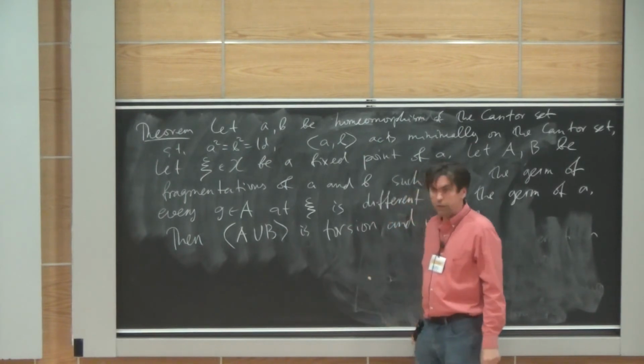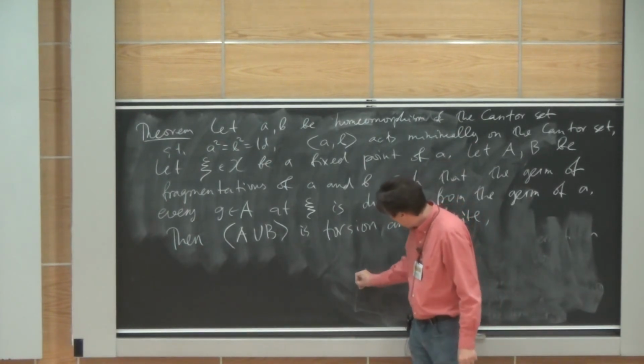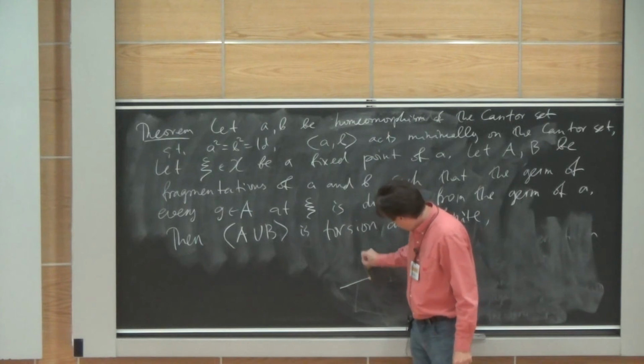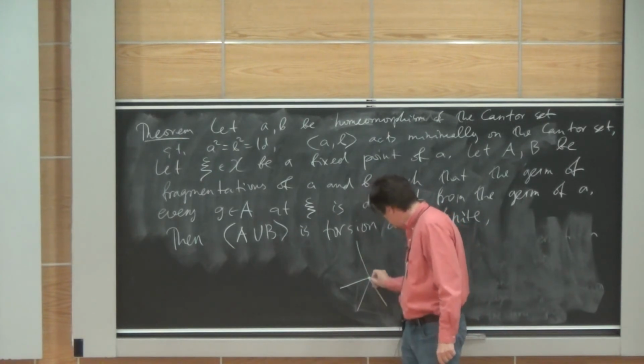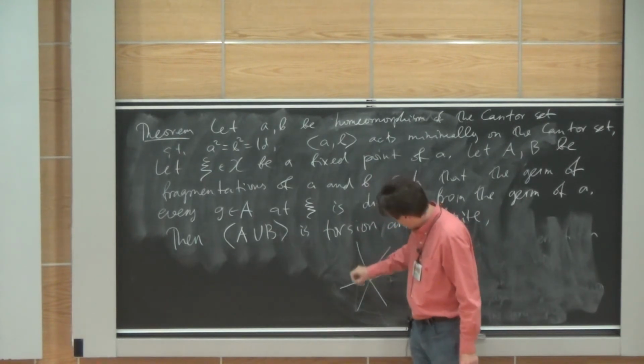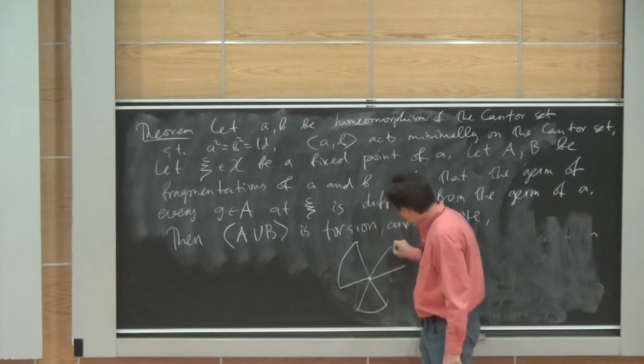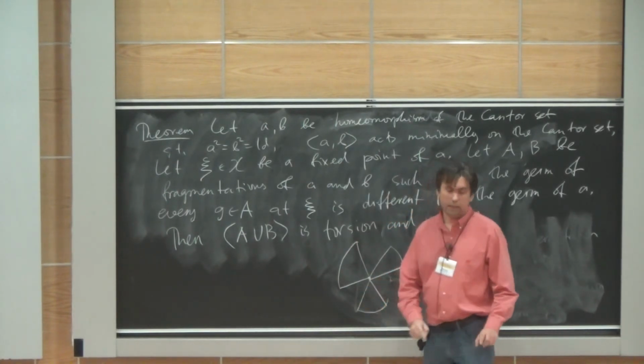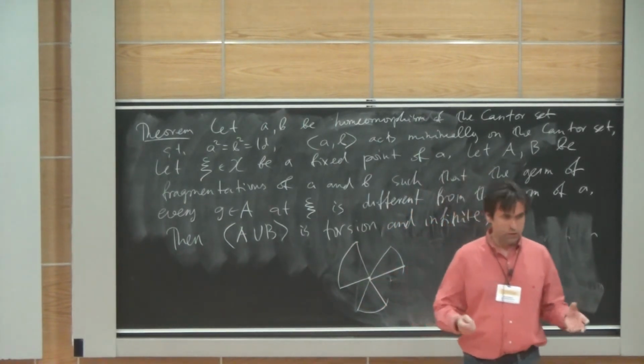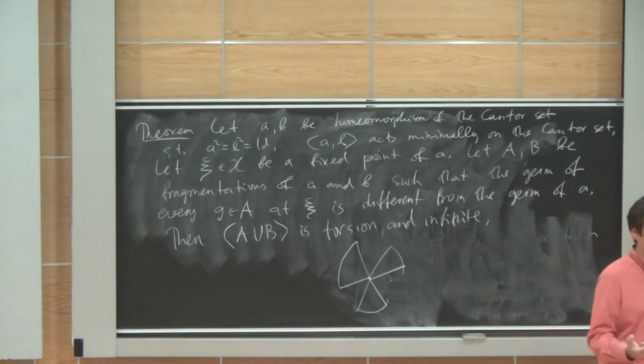If you have the fixed point, you can find 3 closed sets invariant under A. Namely, you take X minus that point. That will be some non-compact, totally disconnected space. And it's easy to see that you always can split it into 3 open A-invariant sets.